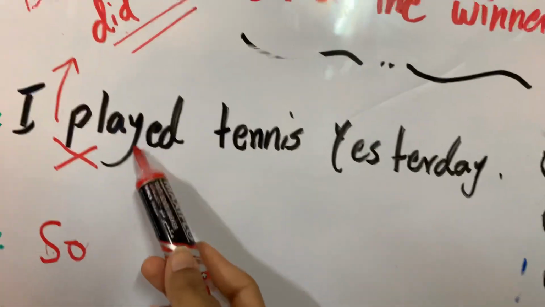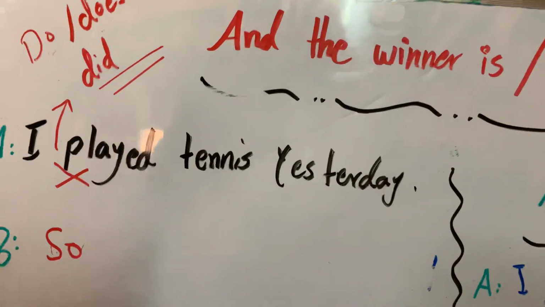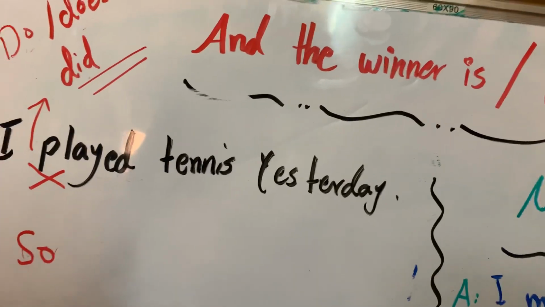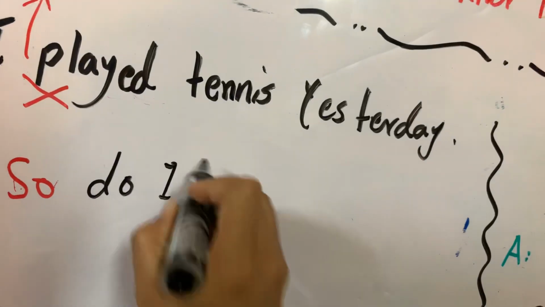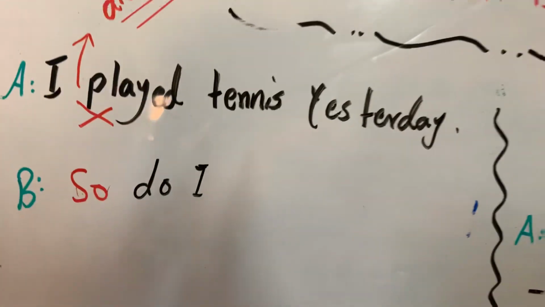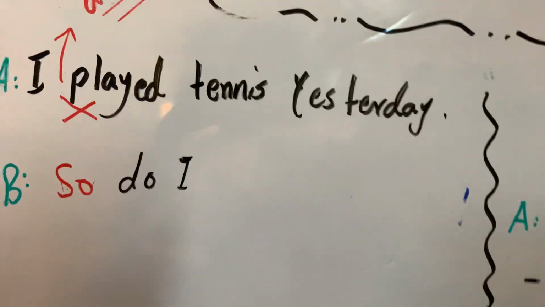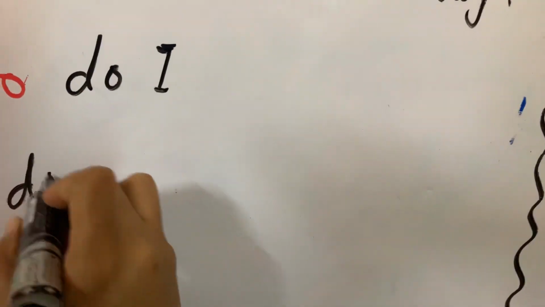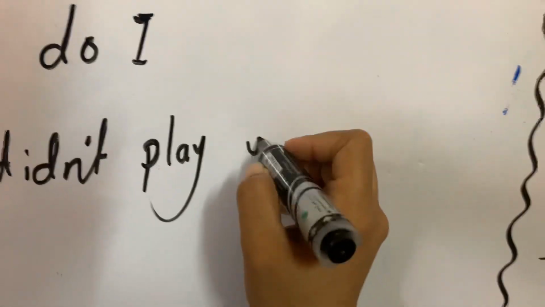So look here, the sentence is past. "I played." So "do I," "does I," or "did I"? It will be "so did I." Okay? So, "did I." Is it clear?